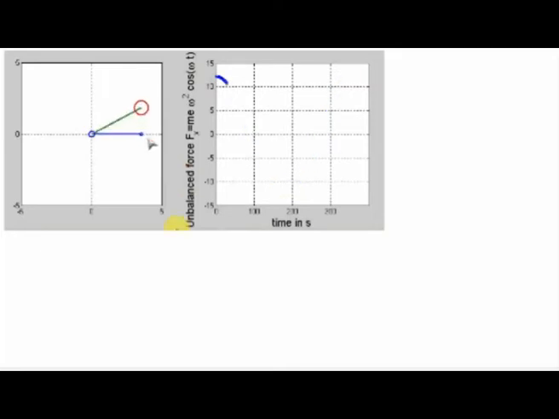So in this animation, as the center of mass is rotating at constant speed, the projection of this constant magnitude centrifugal force keeps changing, and when you do the mathematics it comes out to be a cosine component, where omega t is measured from the horizontal. If you plot the magnitude of this force with time, this is the kind of plot that you are going to get.